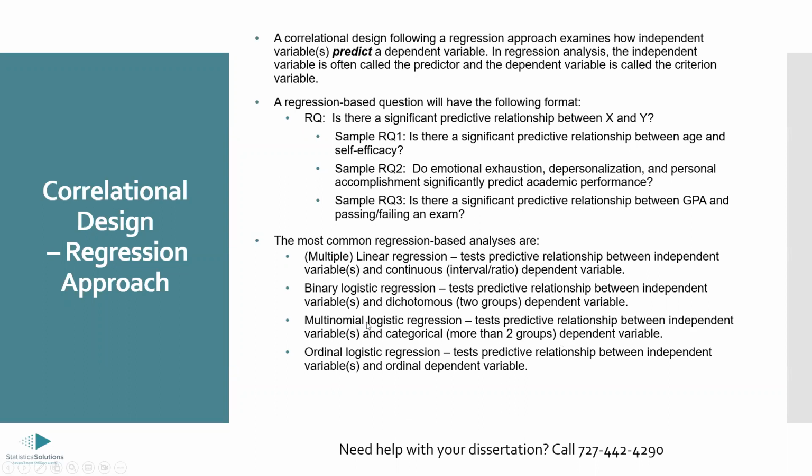If you're trying to predict ethnicity or some other categorical variable, this is kind of a rare scenario. You don't see this too much, but if you have a categorical variable with more than two groups, you do a multinomial logistic. And if you have an ordinal outcome, something like education level potentially, or a single Likert scale response, strongly agree to strongly disagree, this is when you do an ordinal logistic regression.